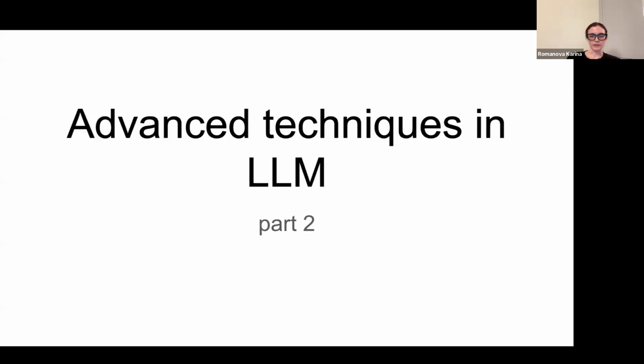We will dive into merge algorithms and instruction tuning. We will explore their technological foundations, also practical implementations, and their significance in the adaptability and efficiency of modern large language models.